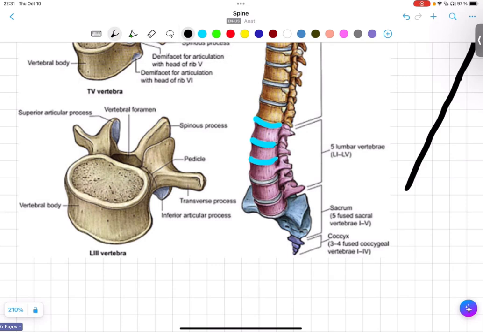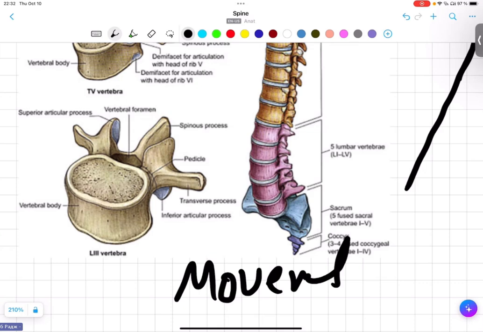Before understanding the function, can you see the surface is very rough? The rough face is provided here so that your intervertebral disc can attach here in a good way. The intervertebral disc is here so that you can resist compression. It is very cushion-like, so it will provide cushioning, protection, and movement.